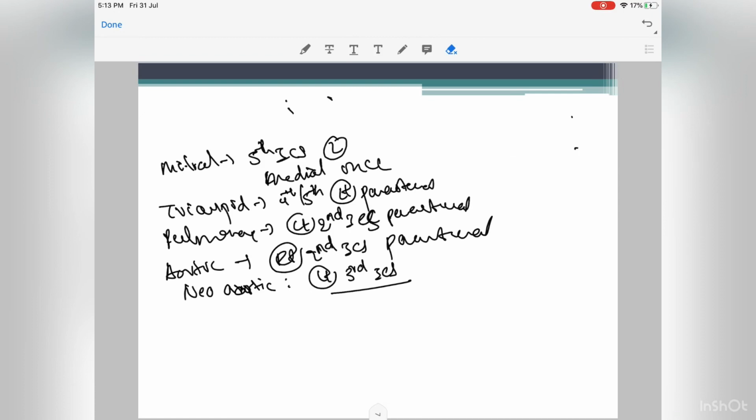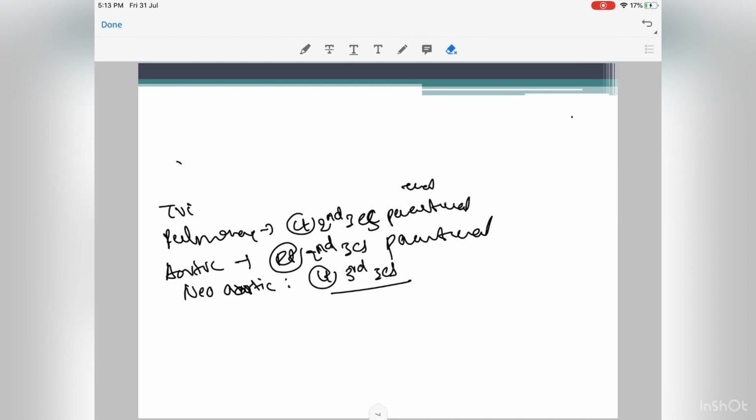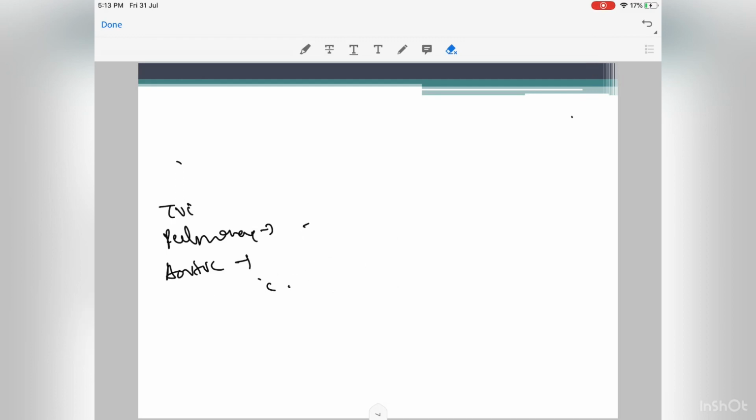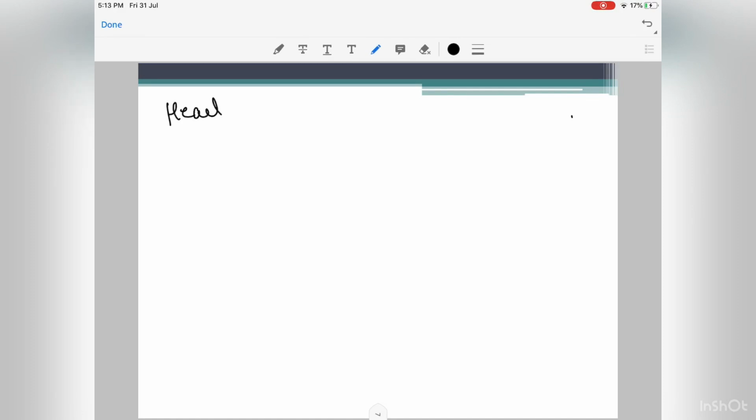Now when you auscultate any area, you need to first identify the heart sounds, then any abnormal additional sounds if present, and murmurs. So three things: heart sounds, added sounds, and murmur.